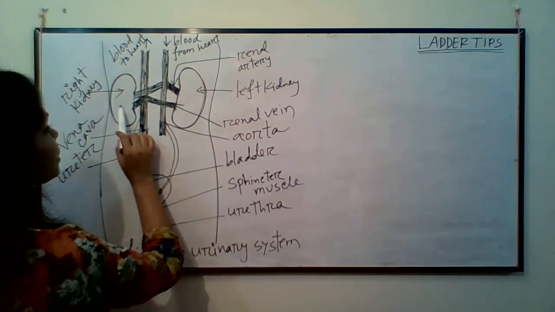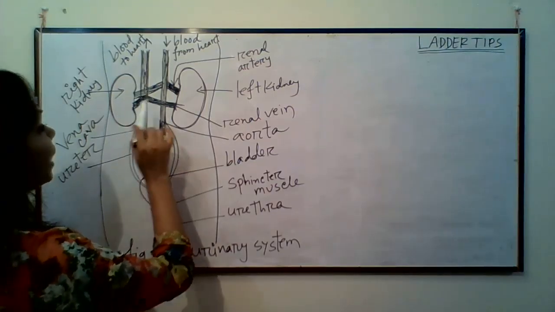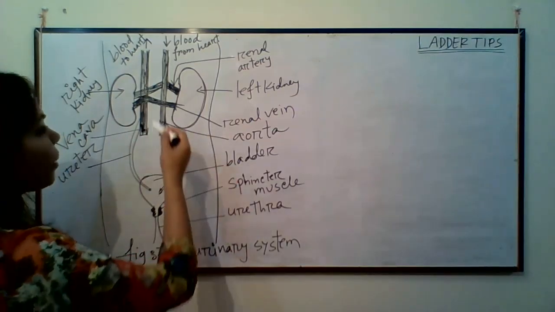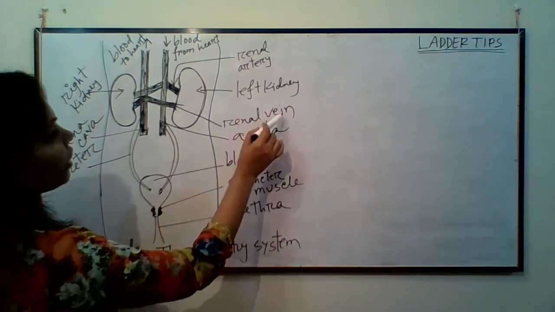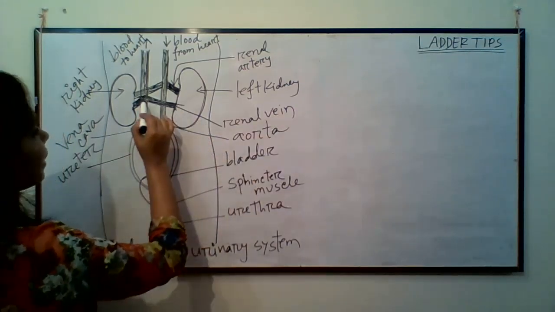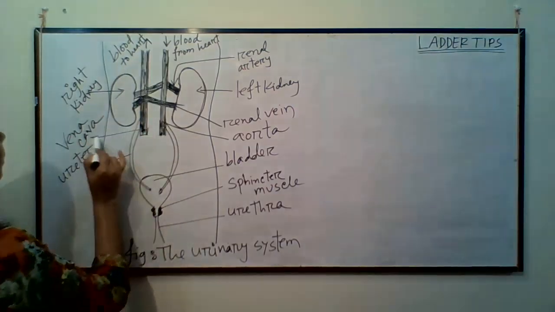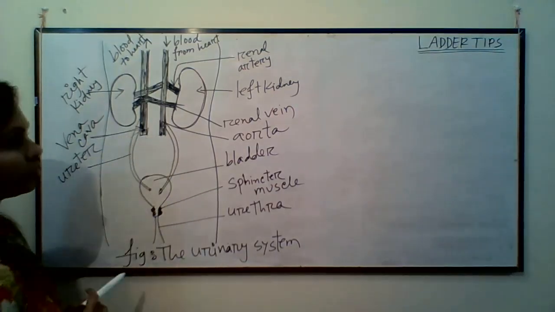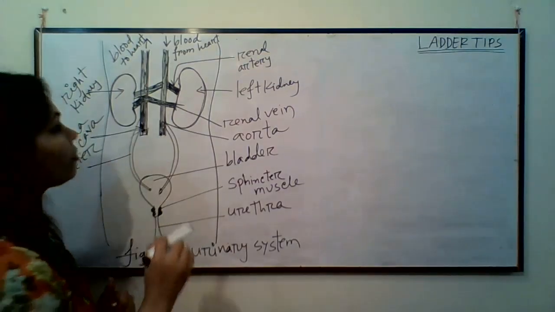Then the blood is filtered inside the kidney, and the clean blood passes out through the renal vein, and this leads to the body's main vein called vena cava. Is that clear?